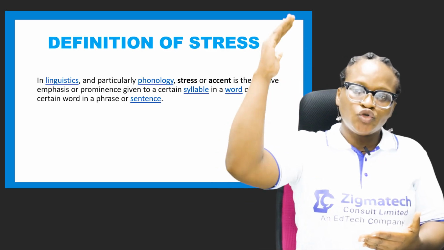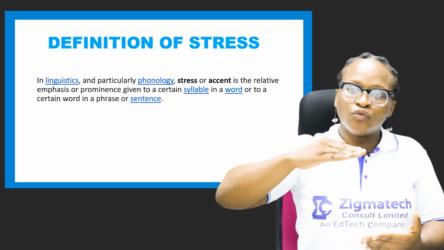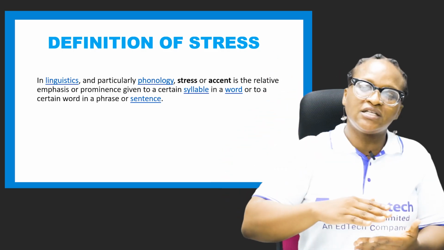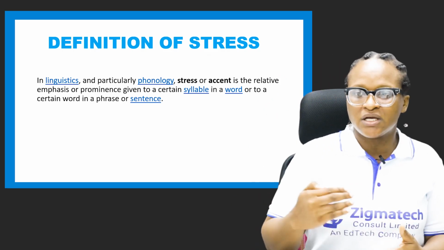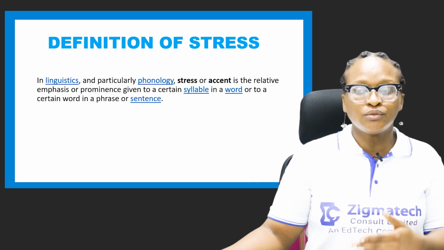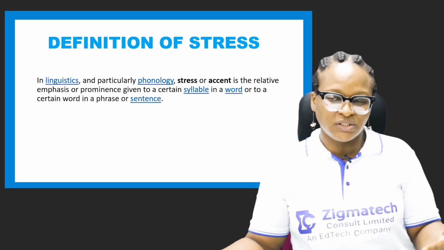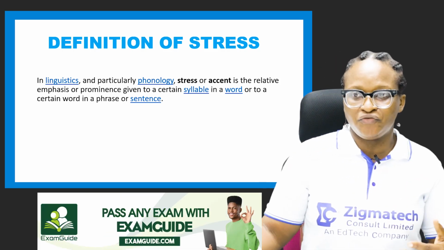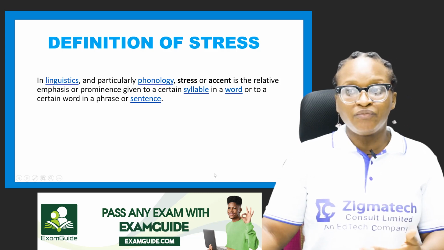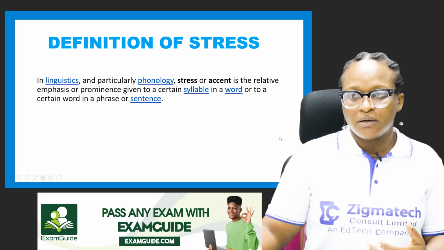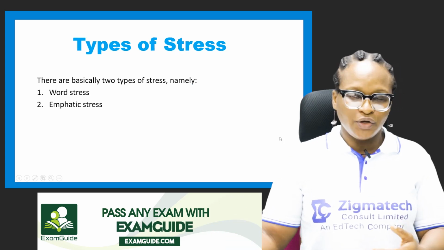When you accentuate, when you give preference to a particular syllable by taking it higher than the others, that's what stress is. You can do likewise in a group of words, in a sentence or a phrase. You notice that a particular word is being emphasized more than the others.